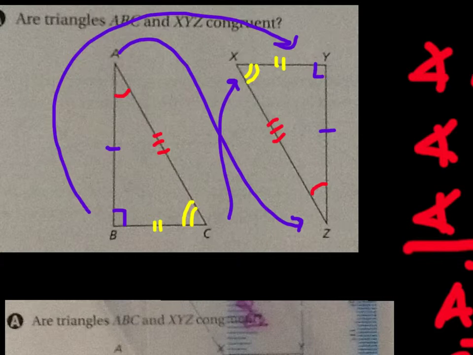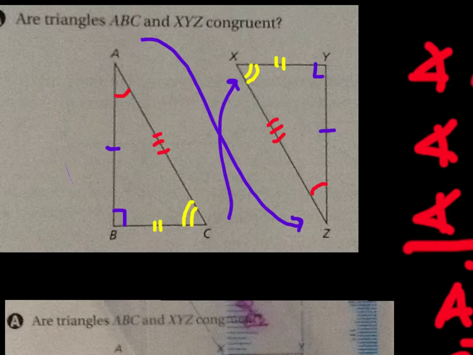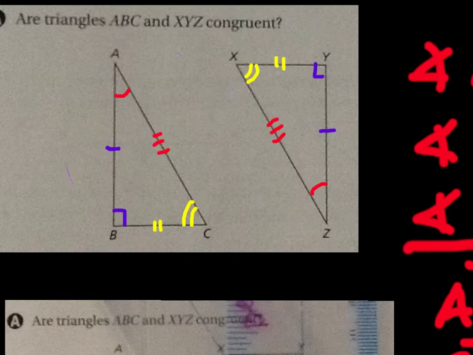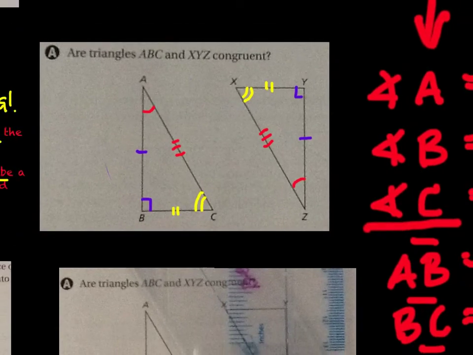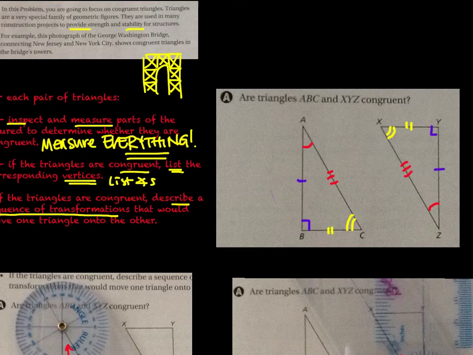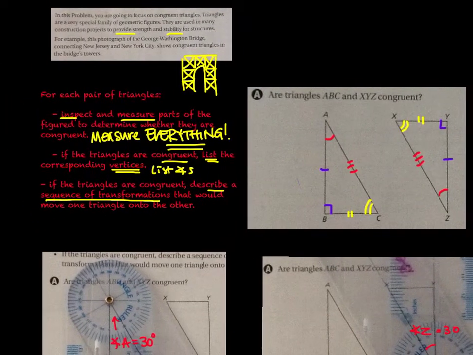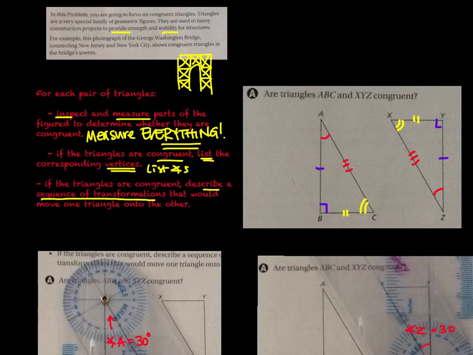So just looking at this information, I can clearly see that this is a rotation and a translation sort of situation. We now need to finish up this problem by describing some of the congruent vertices. So the triangles, we can say yes, it is congruent.